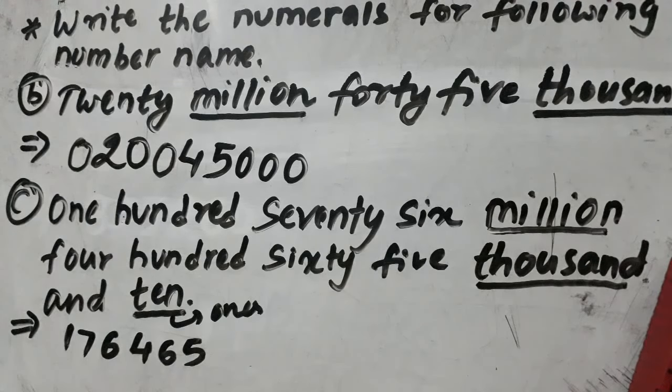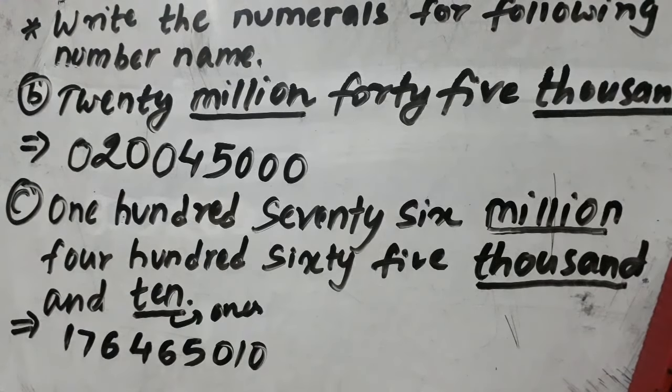Now students, let's come towards ones. In the ones place there is 10. 10 means 10, but we can observe that there are only 2 digits, only 2 places. As I have already told you, there must be 3 places. So we have to keep 0 in front of 1.